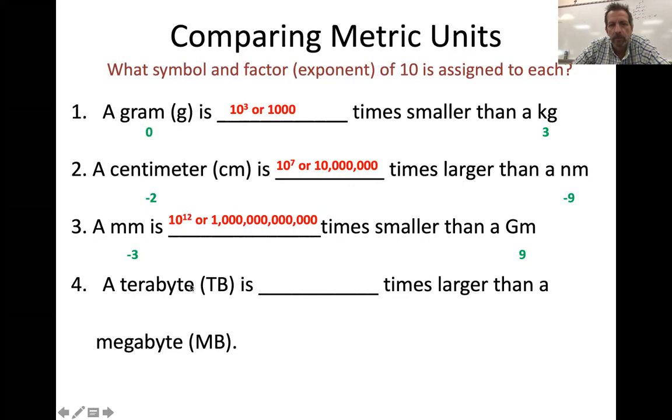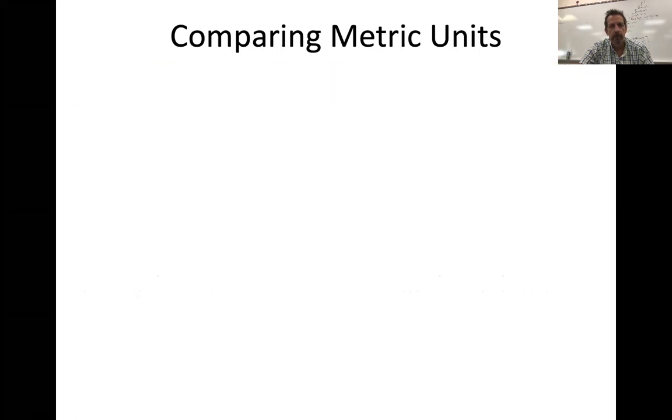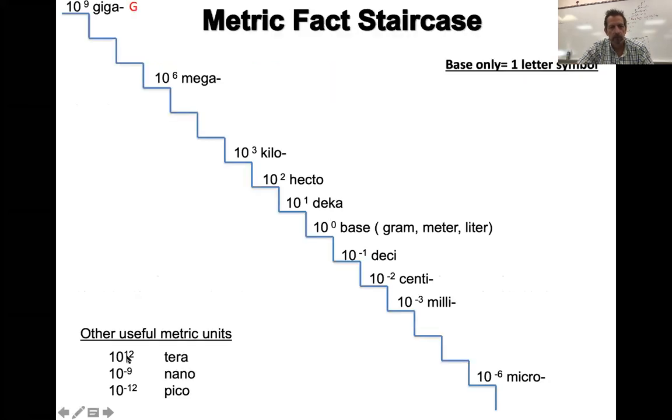And our final example, we're going to compare units that relate to storage capacity of maybe like computing devices. A terabyte is so many times larger than a megabyte. Well, tera, if we looked it up, right? Let's look up the factor of 10 for tera. It says it's 10 to the 12, and it says mega is 10 to the 6.